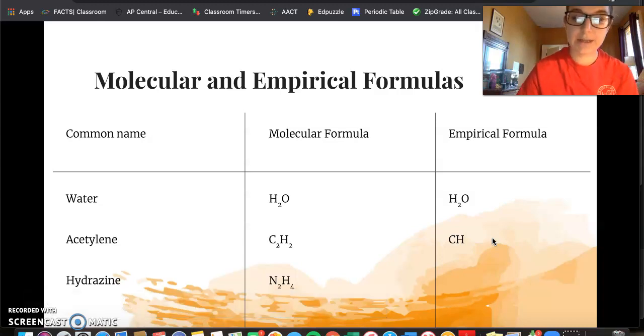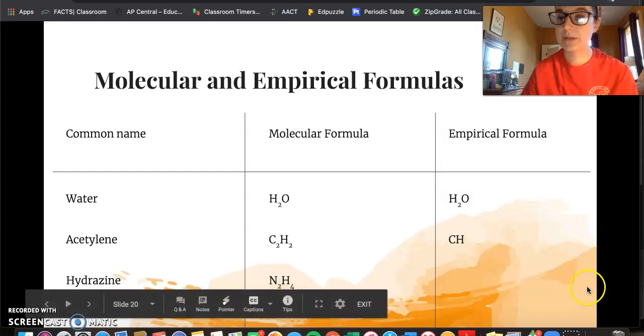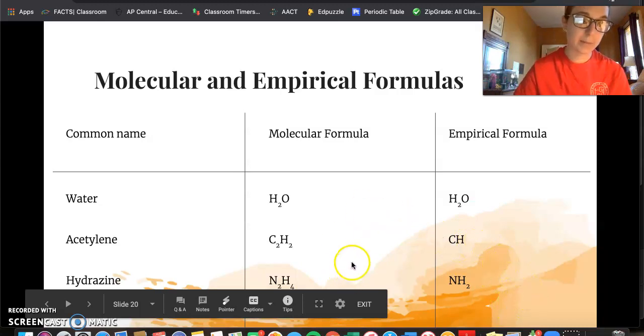And hydrazine, N2H4, lowest whole number ratio should be 1 to 2, so the empirical formula is NH2. Other compounds can have the same empirical formula. They will not have the same molecular formula.